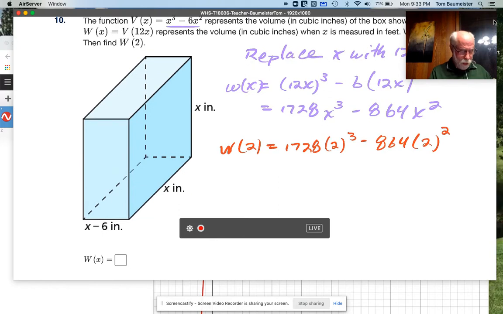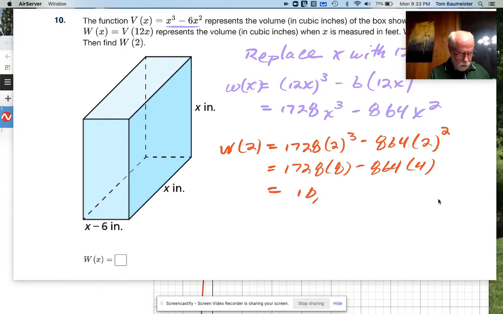And if I work that out, I'll have 1,728 times 8 minus 864 times 4. Again, you could have just plugged all of that into your calculator, and you would have seen that you'll get 10,368.